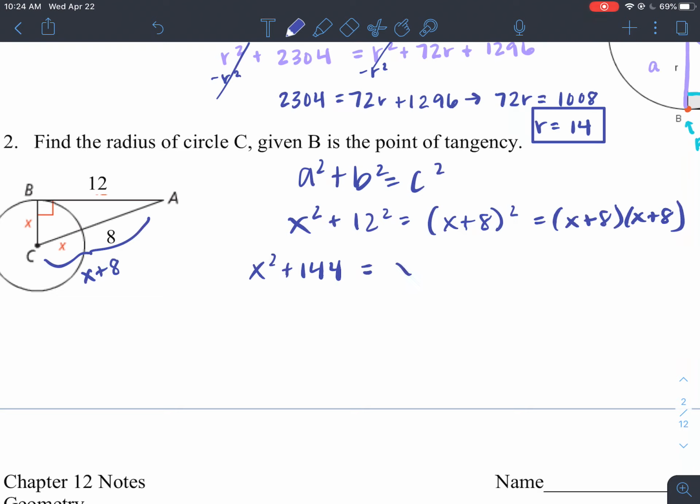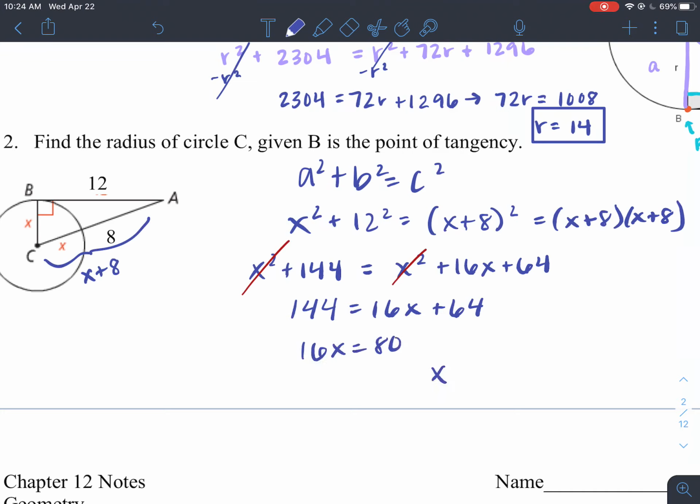After I FOIL and simplify, I'm going to get x squared plus 16x plus 64. Notice my x squareds end up canceling with each other. So I have 144 equals 16x plus 64, or 16x equals 80. So x has to equal 5.